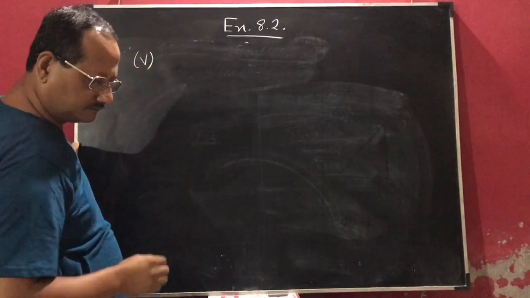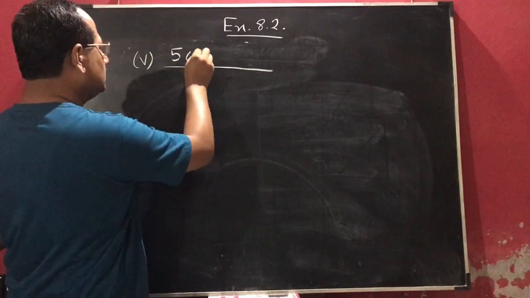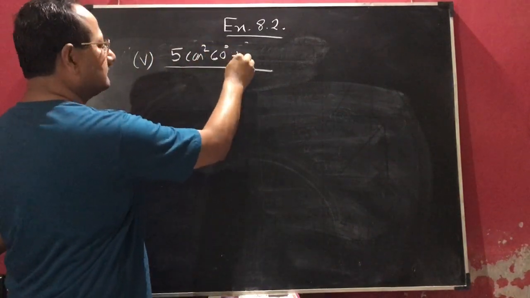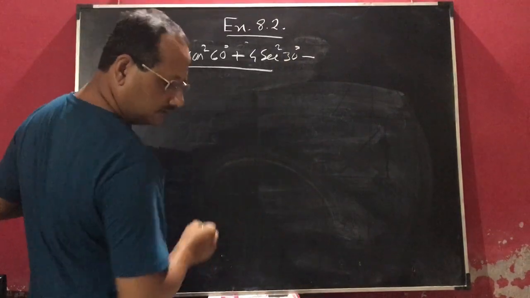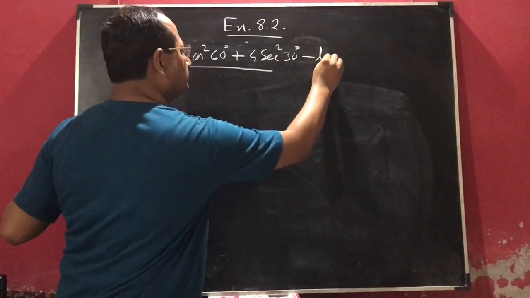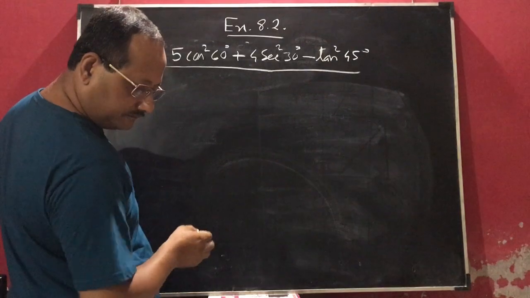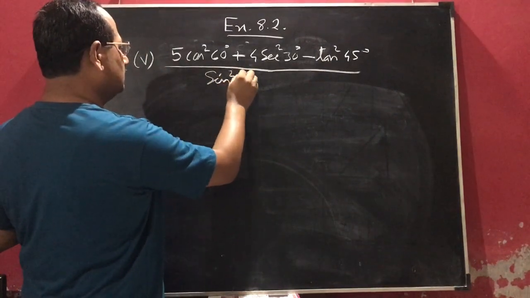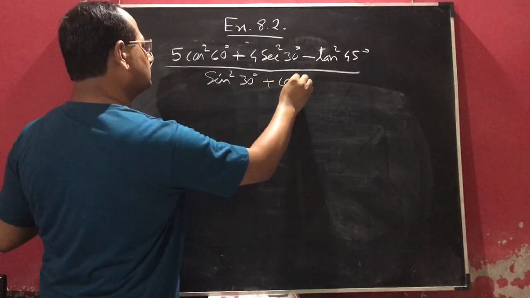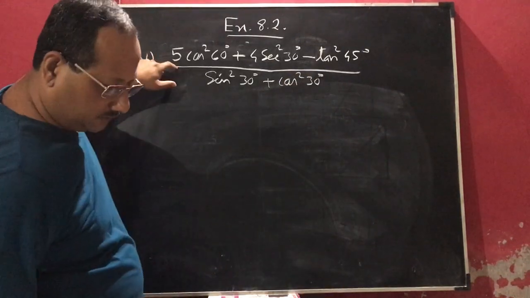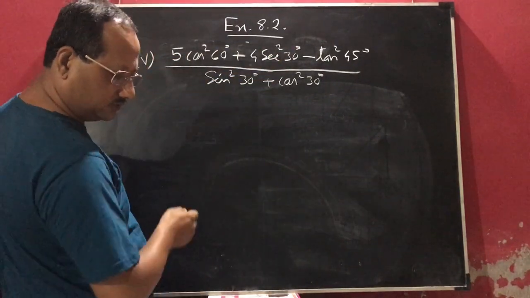Number 5. 5 cos square 60 degree plus 4 sec square 30 degree minus tan square 45 degree, divided by sin square 30 degree plus cos square 30 degree.